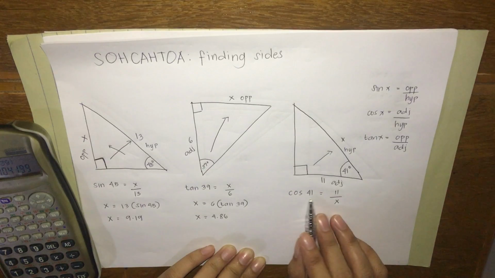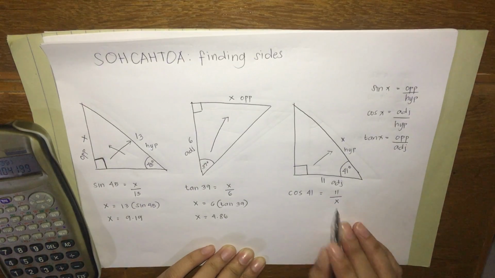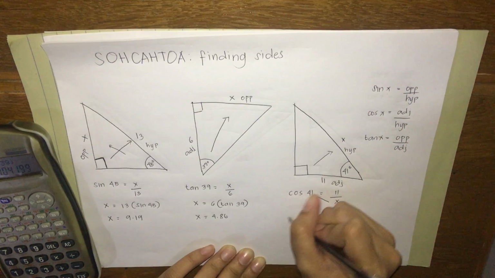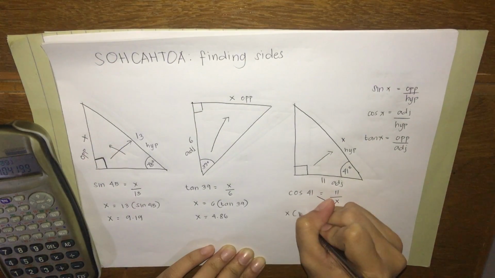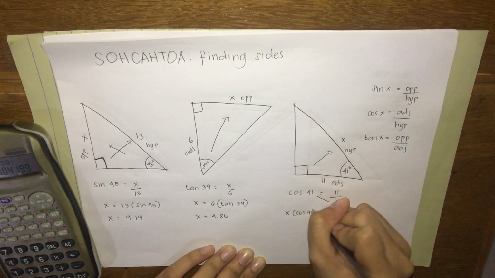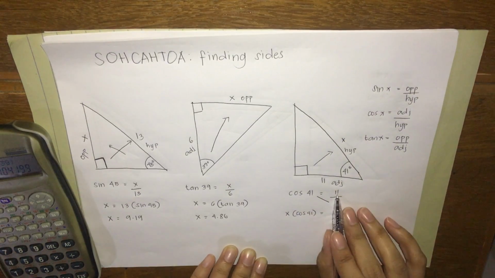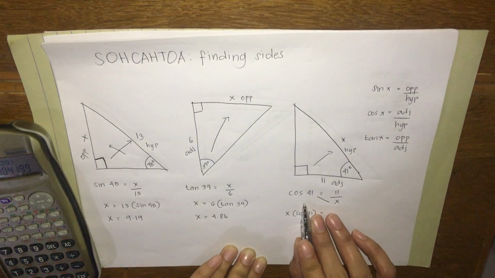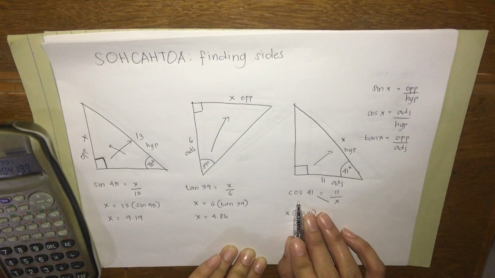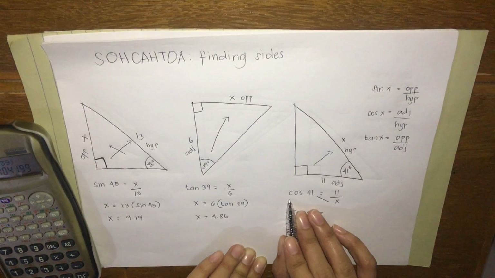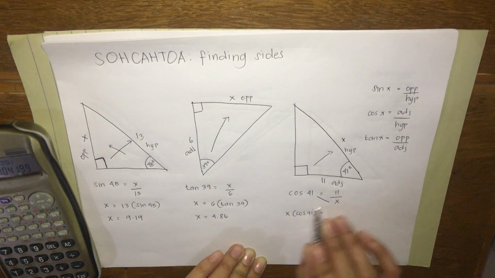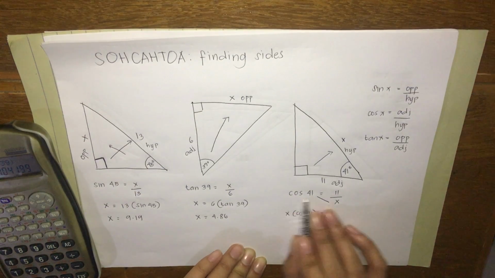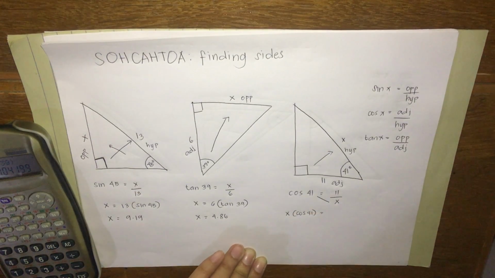So cosine of 41 times x is equal to x times cosine 41. Then 11 times 1: we consider that there is a 1 under the cosine of 41, so it is understood that there is a 1 under this equation.